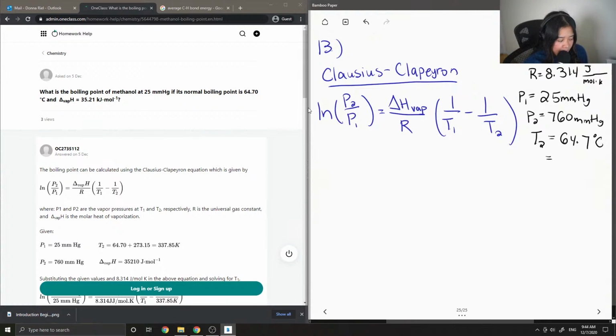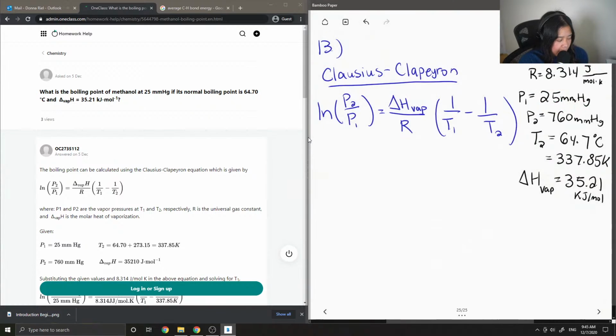So we're going to add 273.15 to 64.7 to give us 337.85 Kelvin. And then finally, delta H is given as well, 35.21 kilojoules per mole.